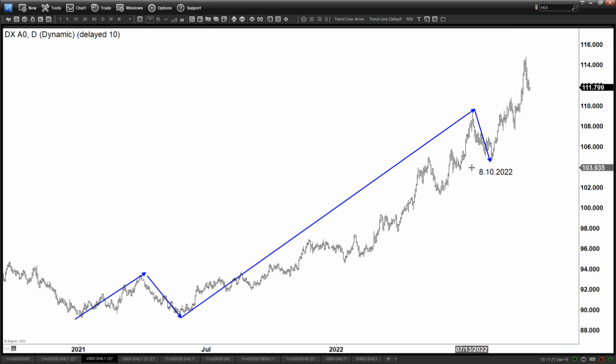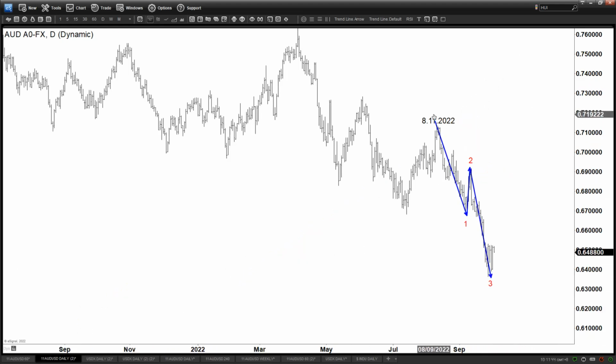Therefore we can conclude that the dollar index structure is clearly an impulse, because it continues to make new highs and continues to go higher. Now in the dollar index, this is your August 10 low, which is the same as your August 11 high in the Aussie dollar.